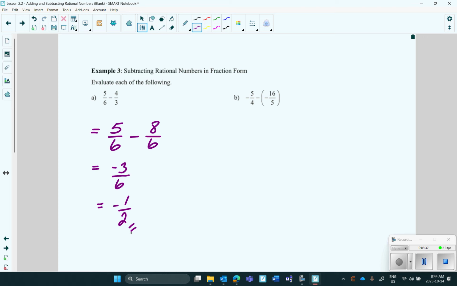This next one, you got to do a little work before you start going to common denominators. What does this become? Adding. So change it to an addition question. Negative 5 over 4 plus 16 over 5.